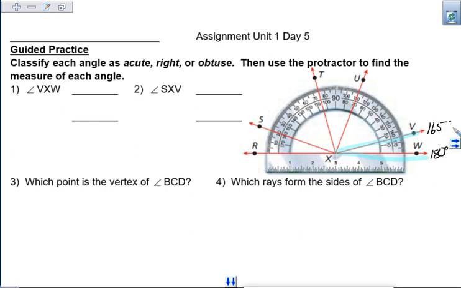There is another one later on the assignment that is not actually at the halfway point. So do not tell me that you have something at the halfway point if it is not actually at the halfway point.